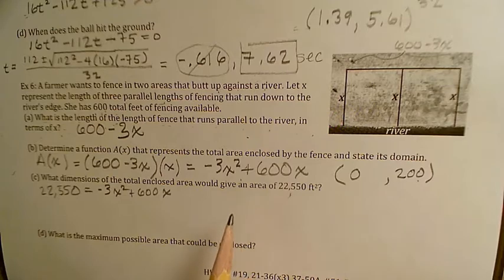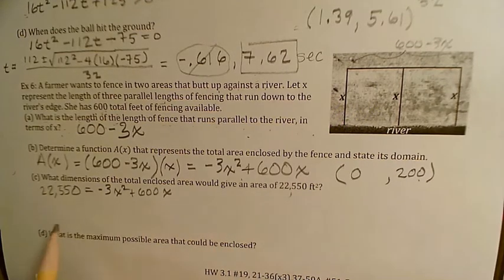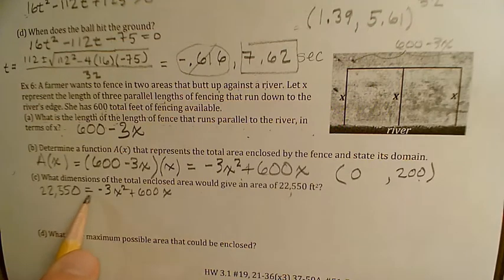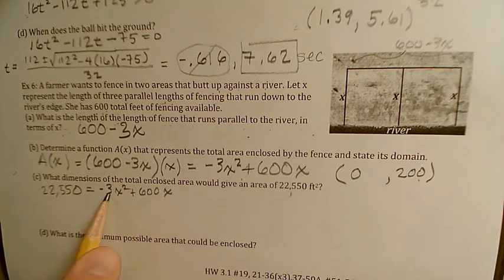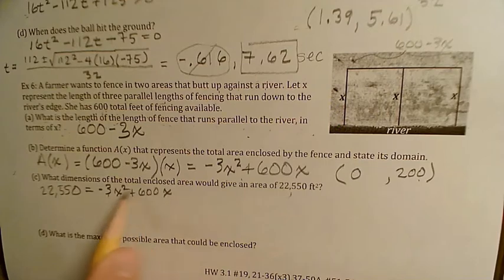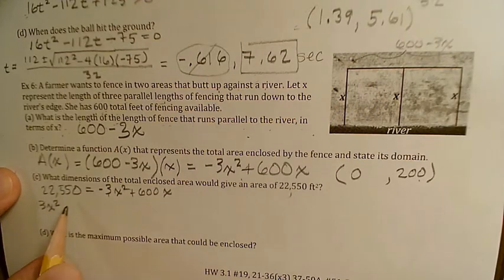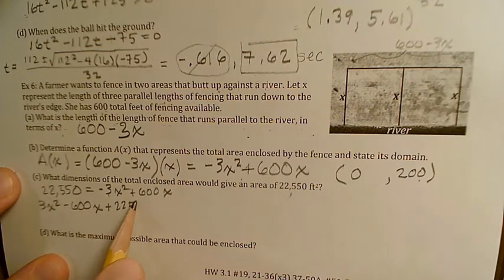We want to set that equal to 0, so let's get rid of the negative coefficient here. Let's bring these two terms to the left. So we get 3x squared minus 600x plus 22,550, and that's equal to 0.